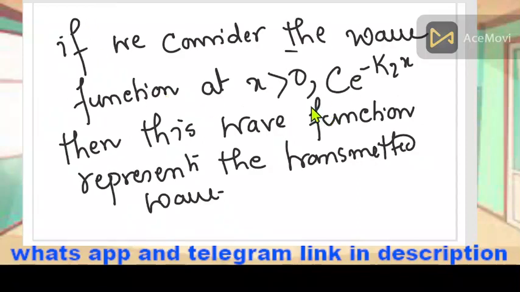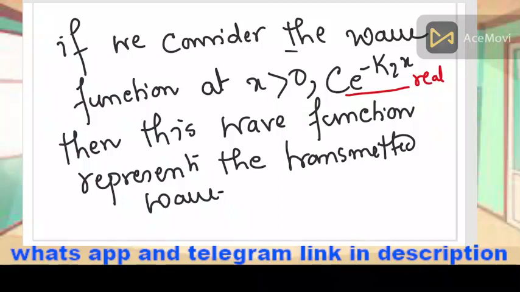Now see, the wave function in the x greater than 0 region is C e to the power minus k2 x. It is a real quantity, so its complex conjugate and the wave function will be the same. This wave represents the transmitted wave. Transmitted means the wave on the right hand side, where the wave has crossed.